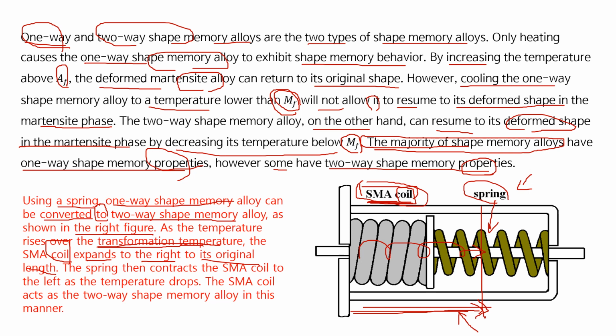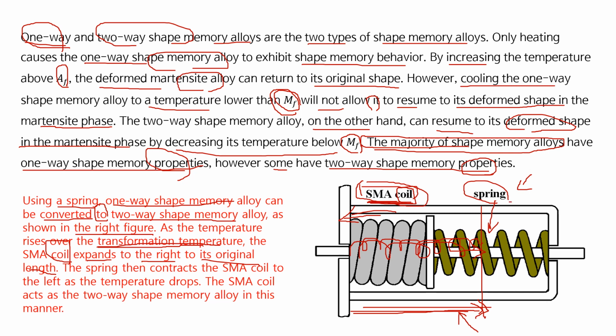So once this shape memory alloy returns to the original length, it cannot go back to the deformed state as we decrease the temperature. So that is the property of the one-way shape memory alloy.